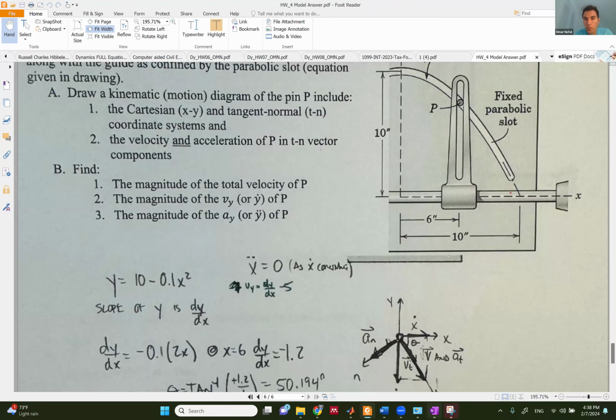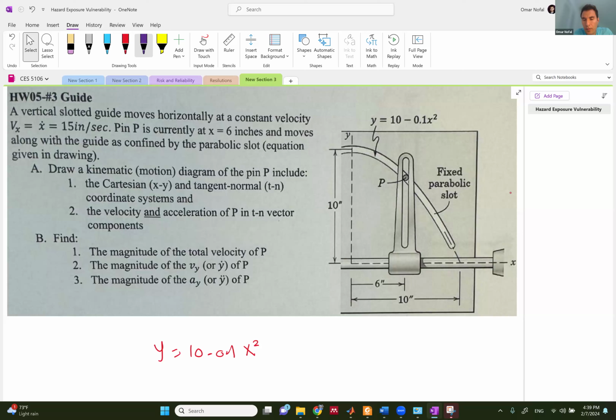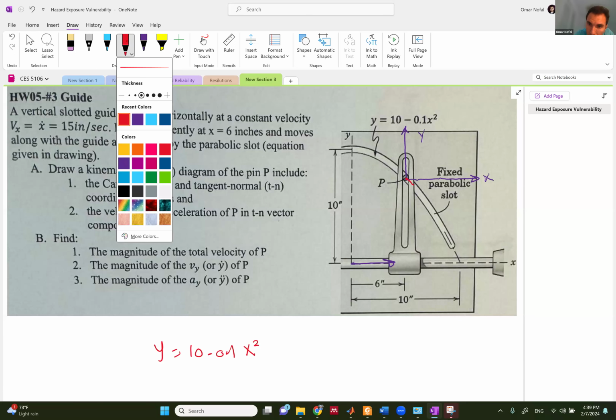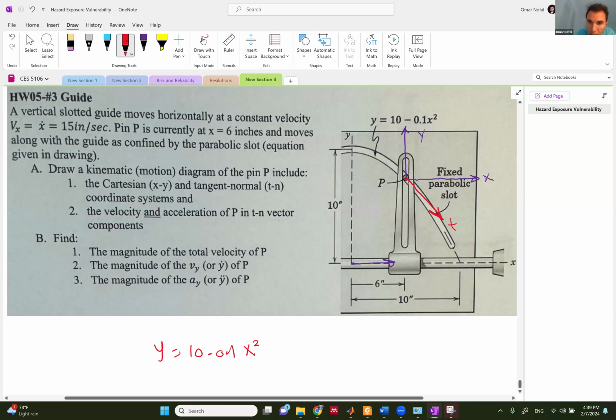Okay, so let's actually map it here. This is X and this is Y. If we use tangent normal, as soon as this is the velocity, it says it's moving this way. So that body is moving down. So if I want to put the tangent, it's going to be something like this, tangent, and the normal is going to be perpendicular, something like this.